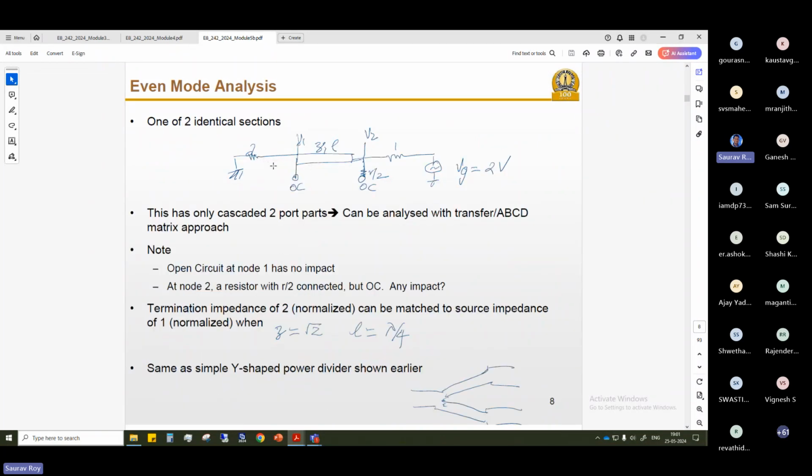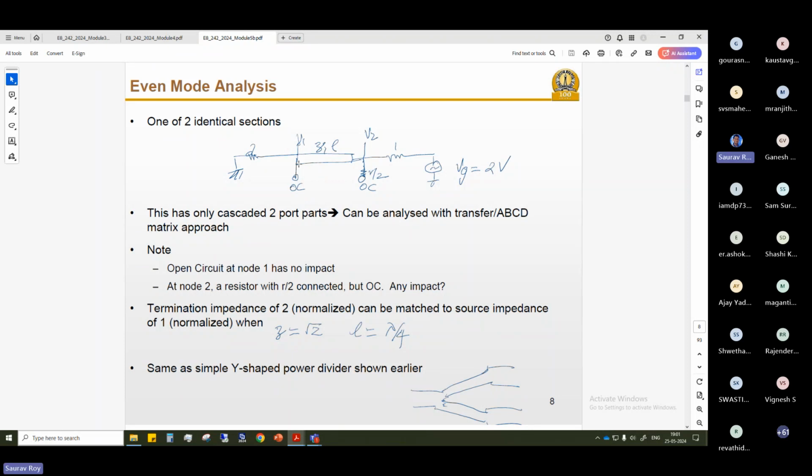Now, the top section of the Wilkinson power divider, we have one at the section of port 2 connection because it will be terminated with Z naught. R by 2 is open circuited, which is the connecting resistance between port 2 and port 3. And at port 1 also it is open circuited.